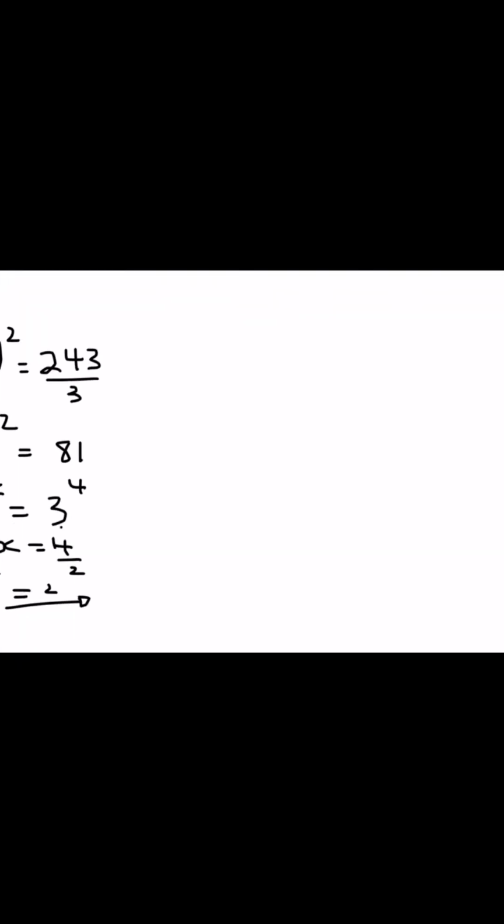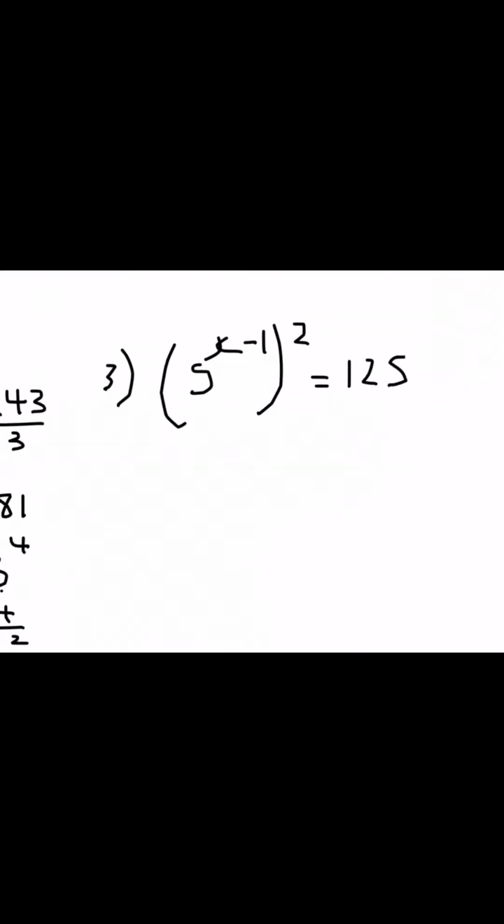Let's see, maybe I can squeeze in. Okay, let's do problem number 3, where you have 5 to the exponent of (x minus 1), close that bracket, and then this is being equated to 125. Again, you have the brackets.